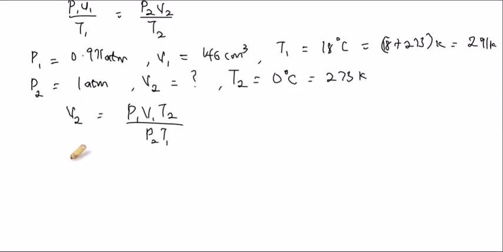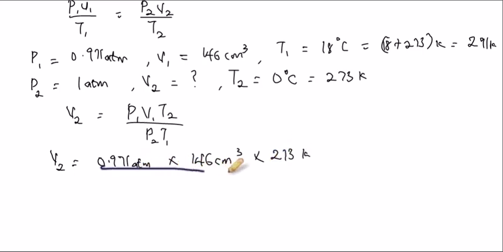Let's substitute the values. V2 equals 0.971 atmosphere, multiplied by V1, which is 146 cm3, multiplied by T2, 273 Kelvin, divided by P2, which is 1 atmosphere, multiplied by T1, which is 291 Kelvin.